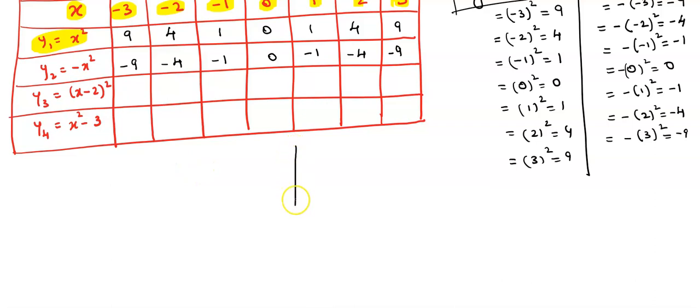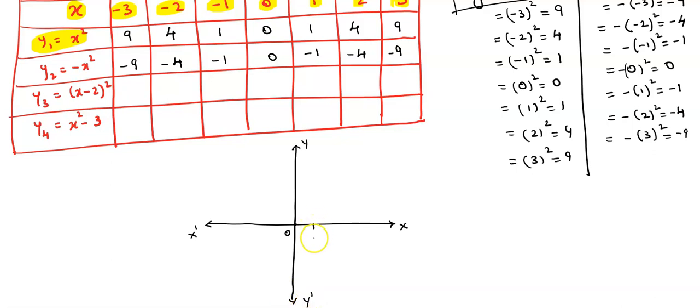Let me draw a y-axis and then an x-axis. Done? Good. And this is the coordinate 0, 0. This is our x-axis and this is x dash. Similarly, this is my y-axis and this is my y dash.